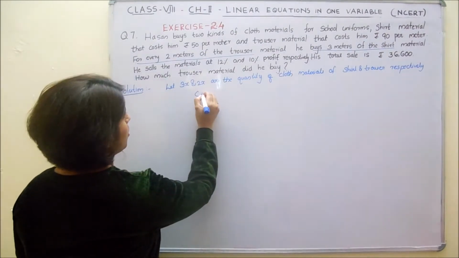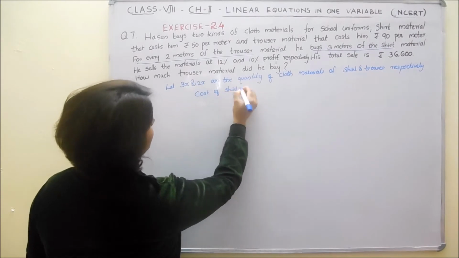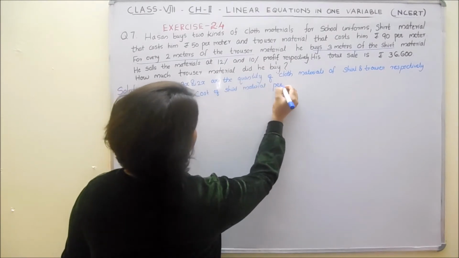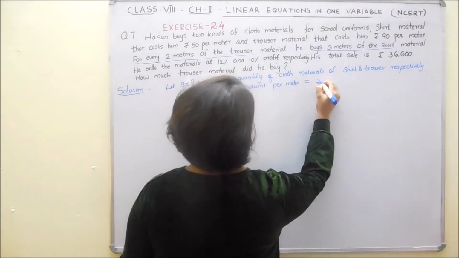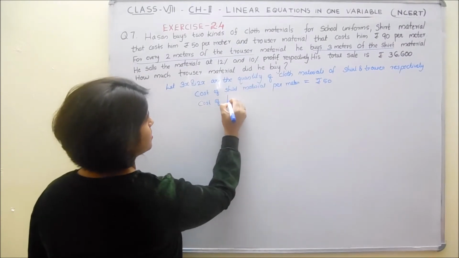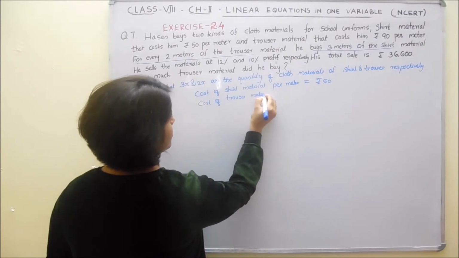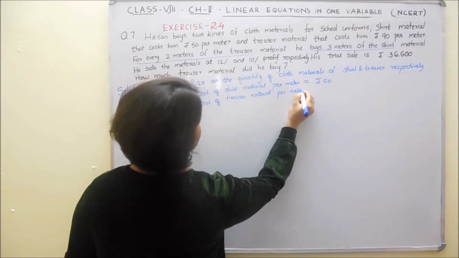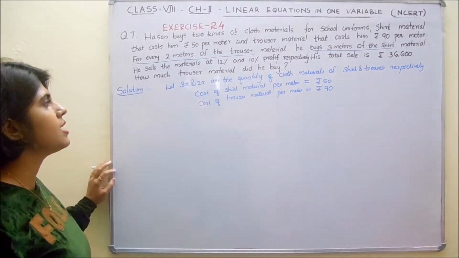Now, cost of shirt material per meter equal to rupees 50. Then cost of trouser material per meter is given as rupees 90. Isn't it? Yes.